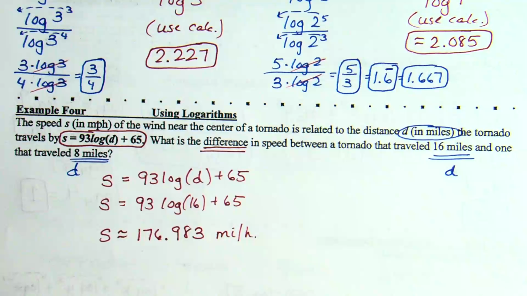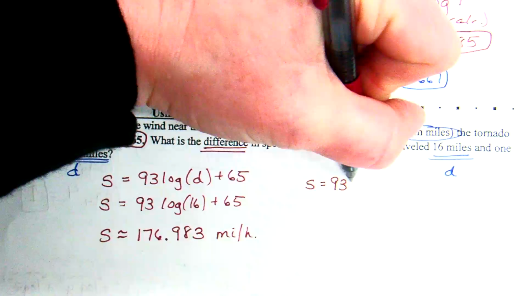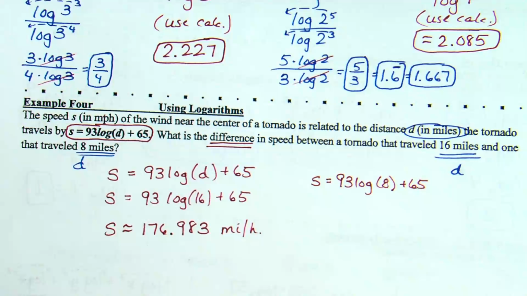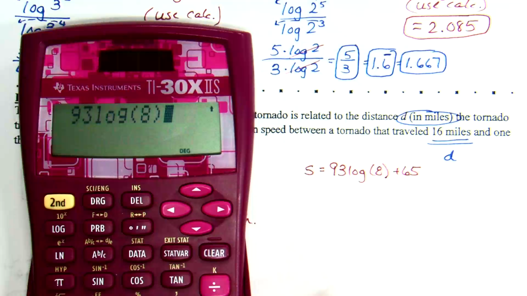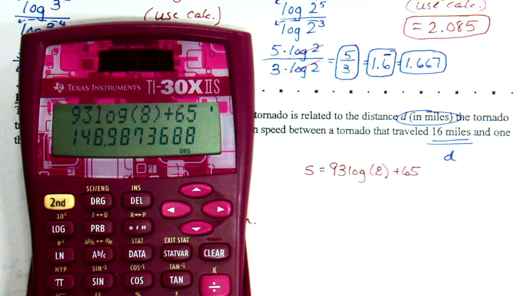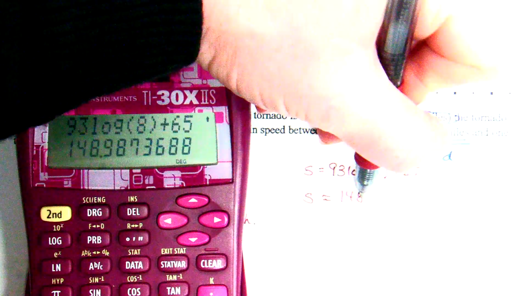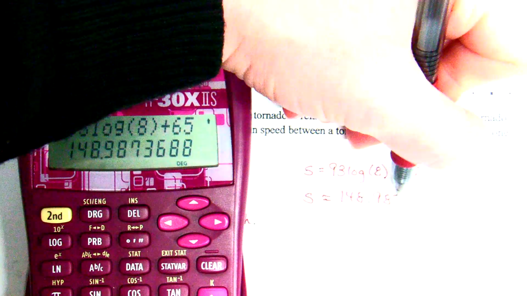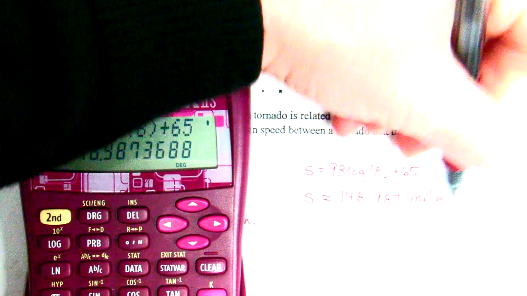So 93 log of 8 plus 65. Did you get my answer? Good opportunity to practice your calc theory usage, right? If I go 3 decimal places again, 148.987. Again, it's miles per hour.